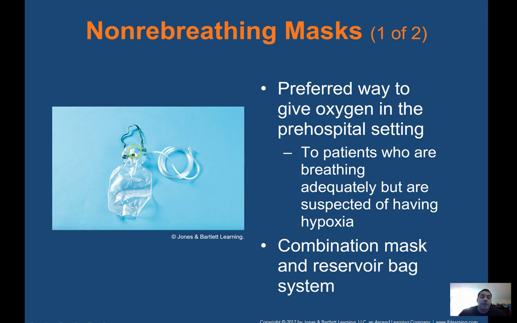You're going to have your oxygen tubing, your mask, and your reservoir bag system. Turn the O2 tank to about 10 to 15 liters, and once it's on, make sure the bag is inflated before you put it on the patient. Then put the strap around the head and pull the string to make sure it's on tightly.